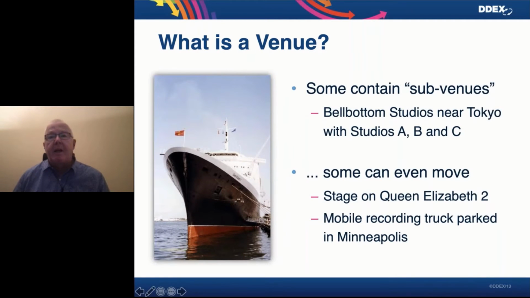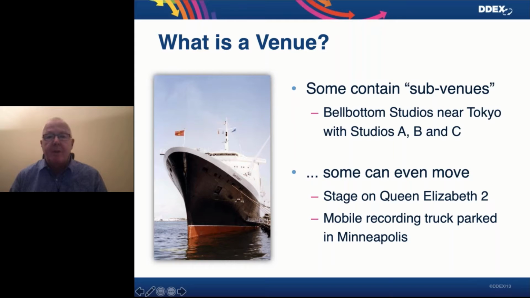And then finally, some are what you might call sub-venues, in so much as they're contained within another venue. So the Bell-Bottom Studios near Tokyo have studios A, B, and C, and you might need to identify each of those as well as Bell-Bottom Studios in itself. And then finally, some can even move.